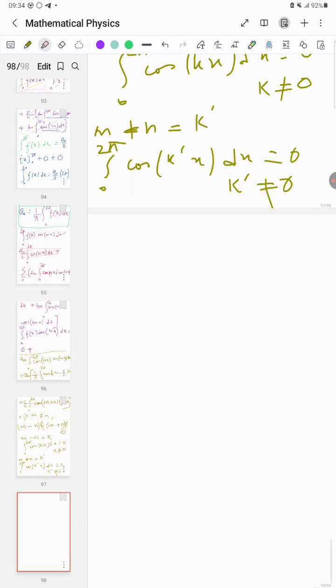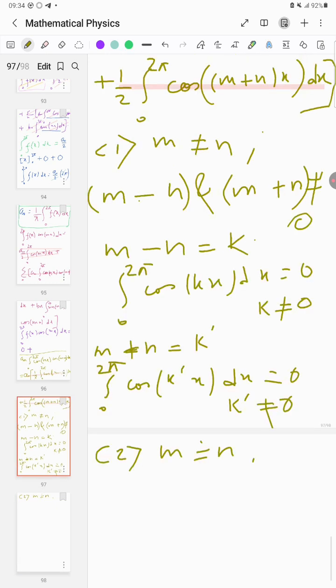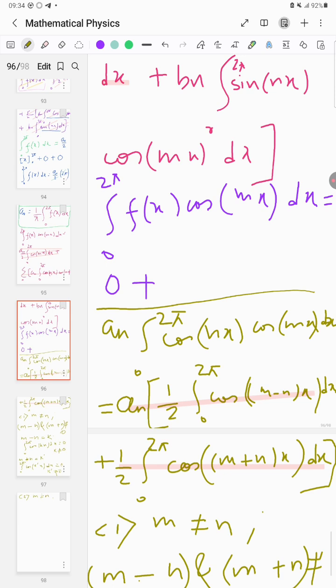Now let us come to case 2. What is case 2? What if m and n become equal? Alright, m is equal to n. Then what happens? This was the integration term, right?